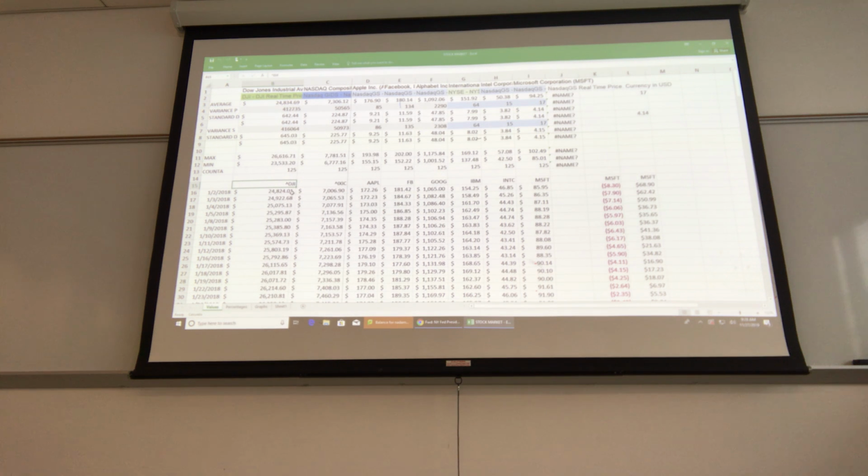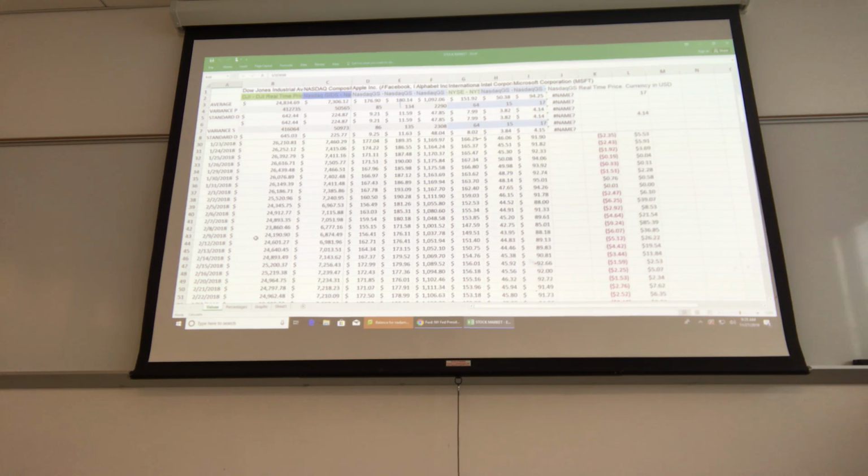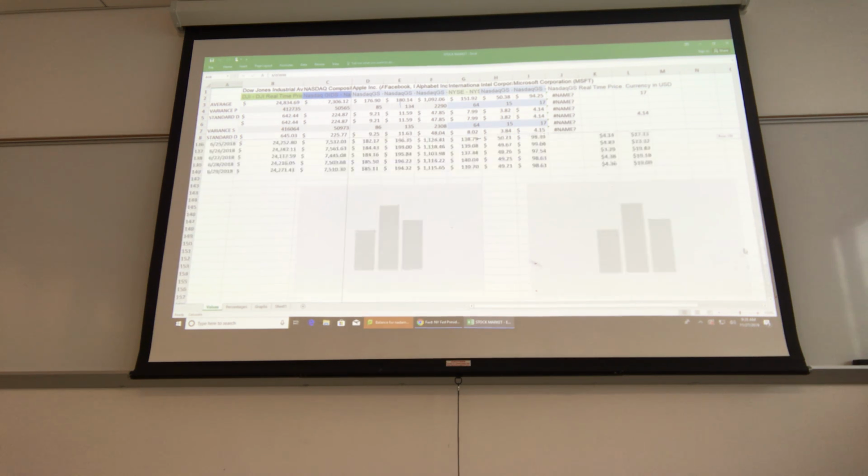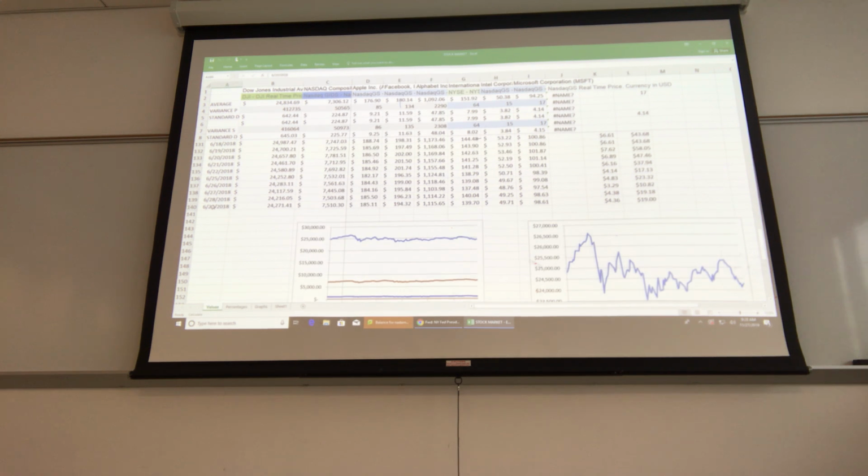One is the Dow Jones Industrial Average. The other is the Nasdaq index. It's from the beginning of this previous year all the way up to May.